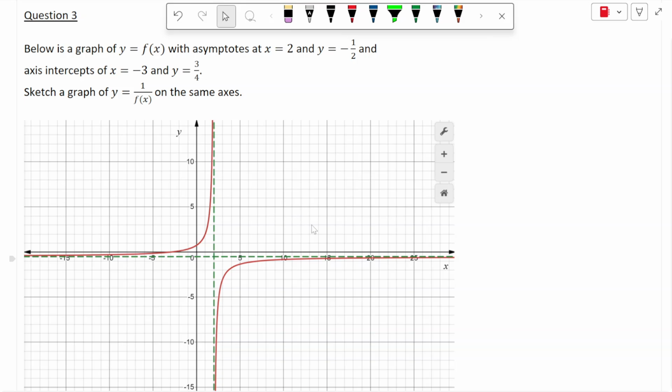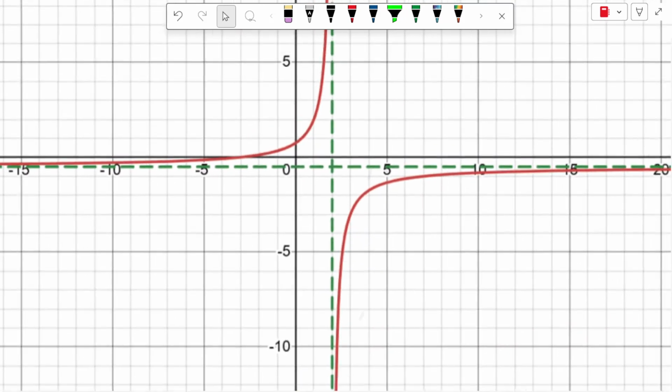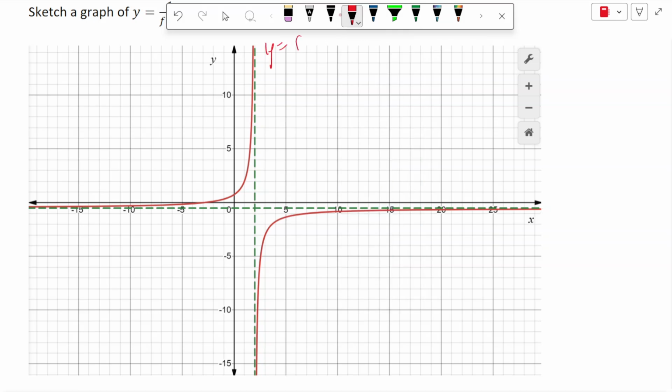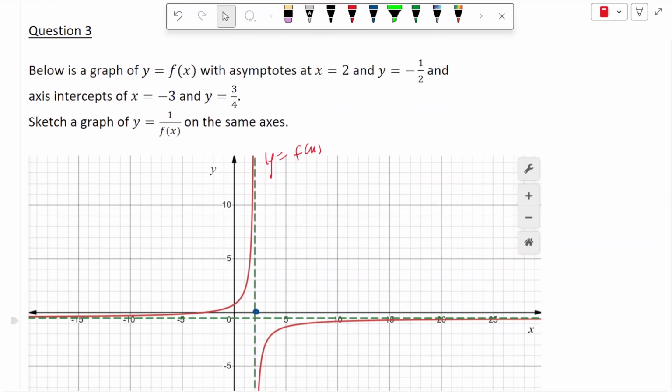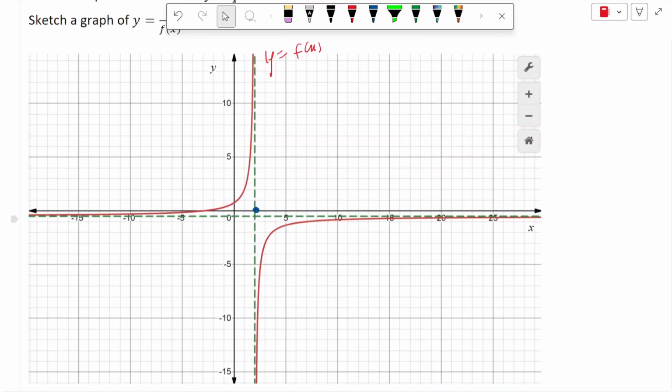Okay, so if you ever have situations like this, where you've got an asymptote on the original graph, that original graph is y is f of x, asymptotes will become x-intercepts, so we've got an x-intercept there. And then we've got to look at these limits. So we got y is minus a half is the asymptote.